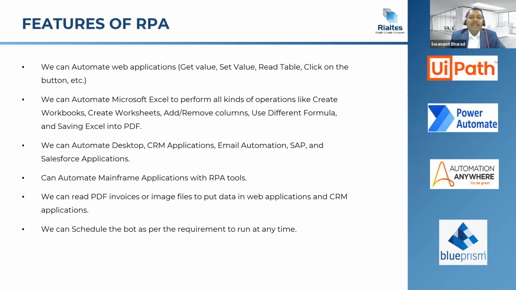If we need to read values from tabular format, or read values from images, if we need to click on any buttons, radio buttons, or check boxes, we can do that using RPA tools. Now we can automate Microsoft Excel to perform all kinds of operations like create workbooks, create worksheets, add and remove columns, use different formulas, and save Excel as PDF.